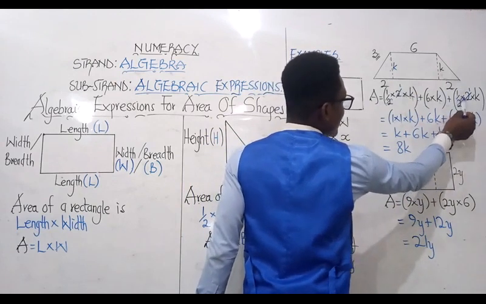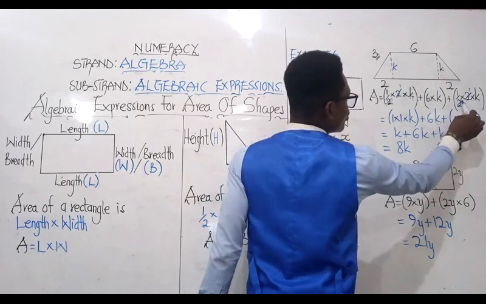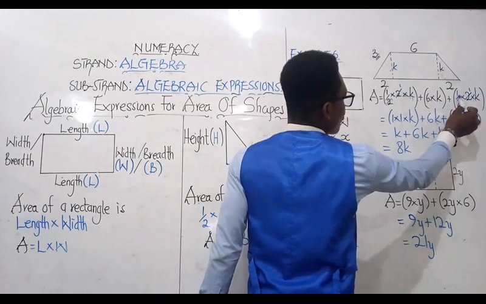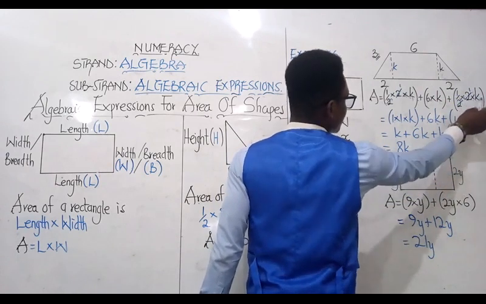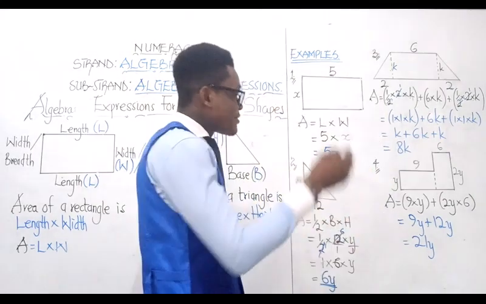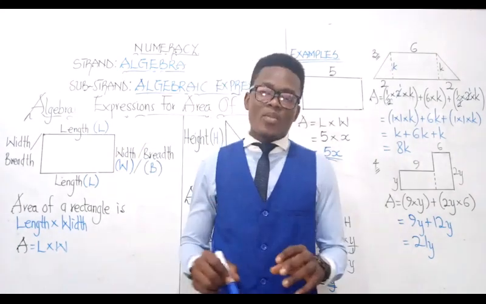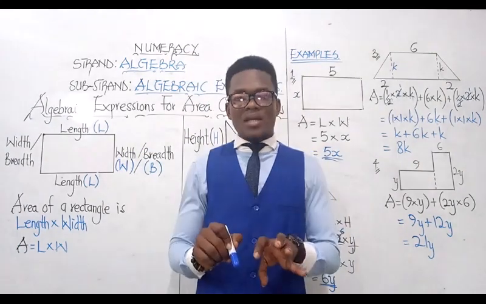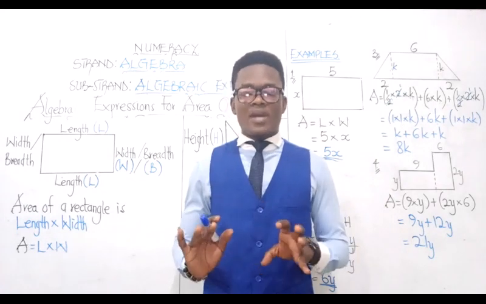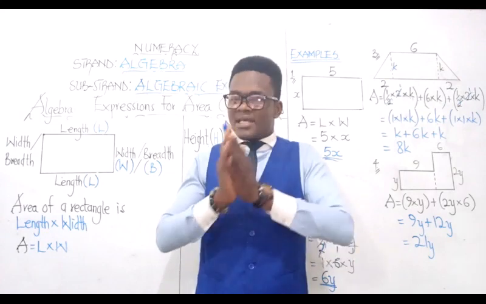So half times base, which is 2, times the height, which is k. 2 here 1, 2 here 1. So half times, that will be 1 times 1 times k. 1 times 1 gives us 1, and 1 times k is k. When you have 1 times any variable, you don't say 1k, you mention only the variable.